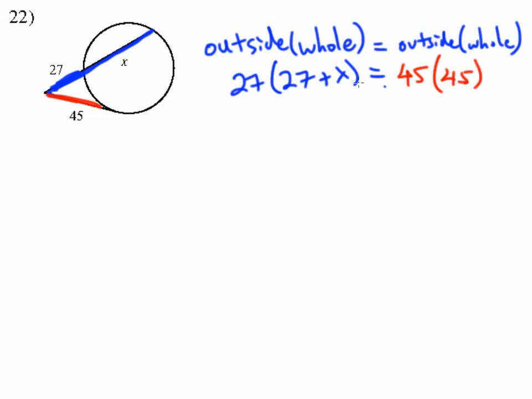Okay, so let's solve for this. 27 times 27, 27 squared.